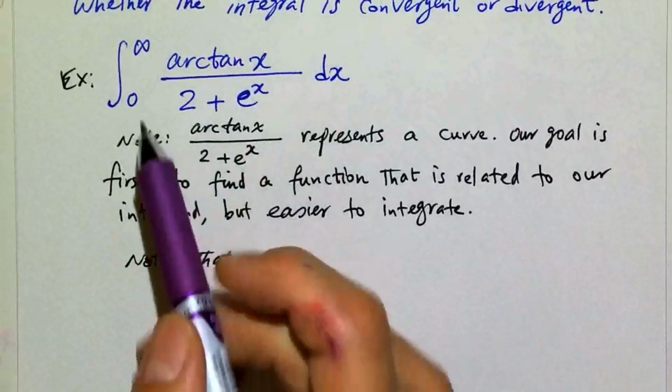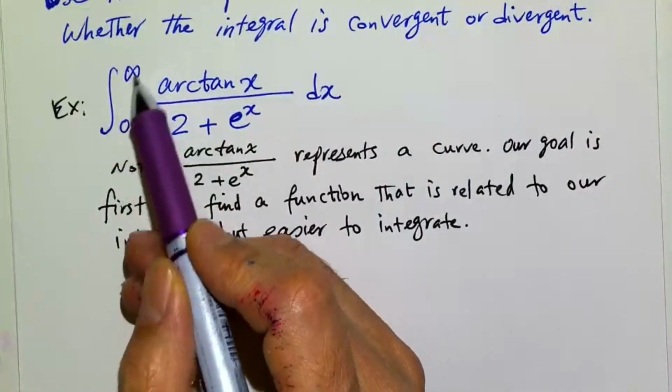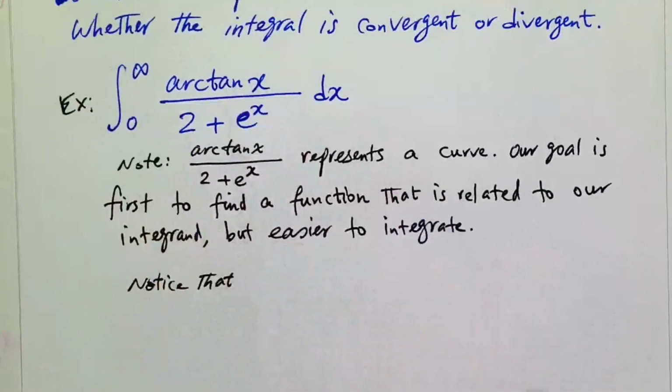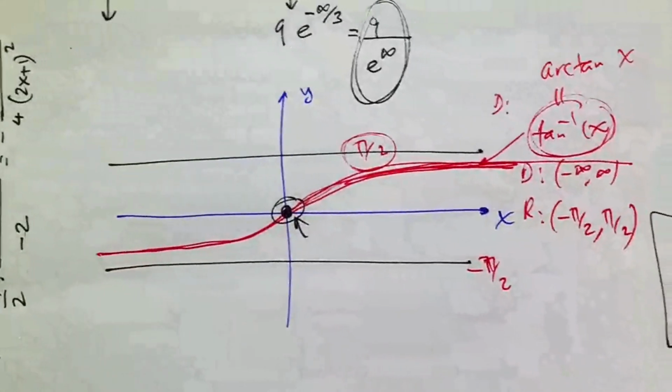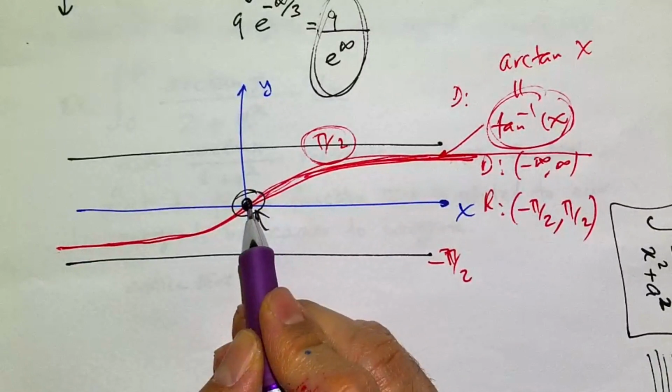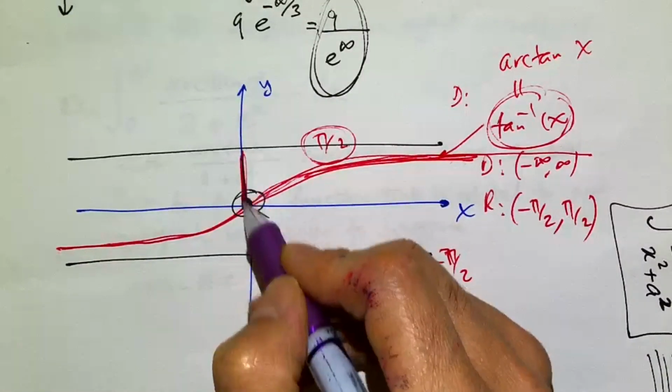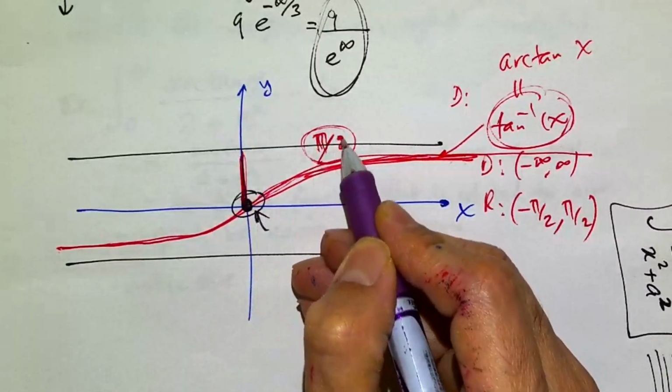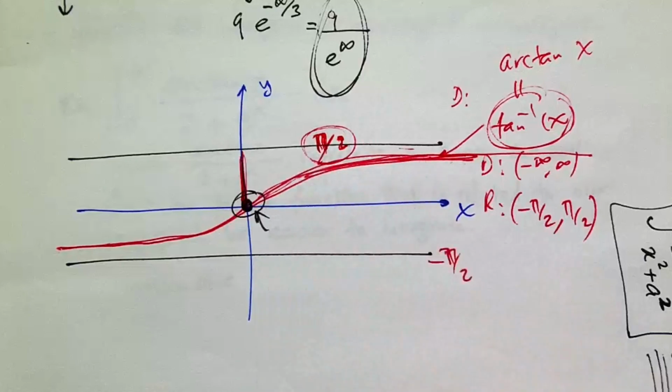Notice that over the interval from 0 to infinity, or over the positive values, that function ranges from 0 to pi over 2. And pi over 2 is a horizontal asymptote. Okay?